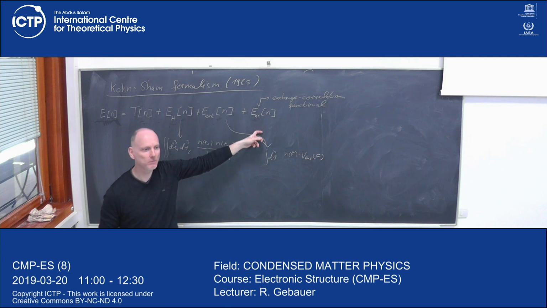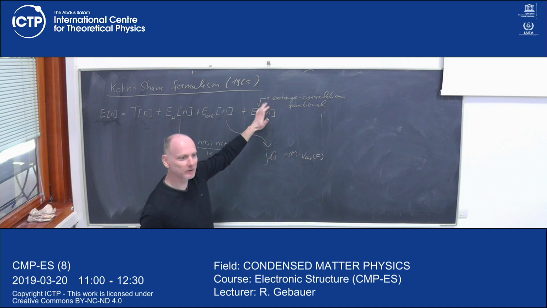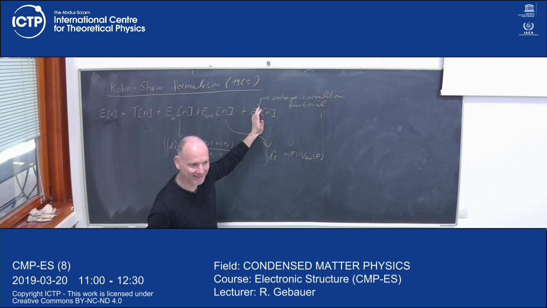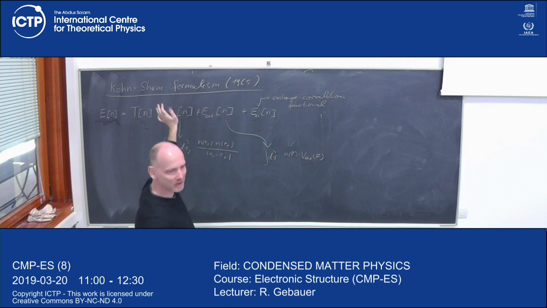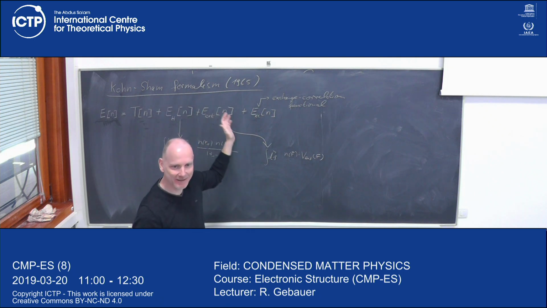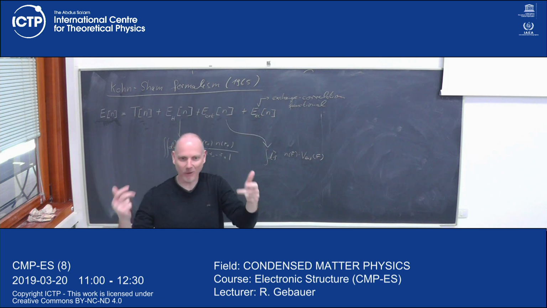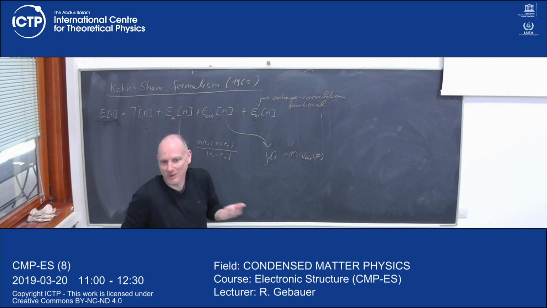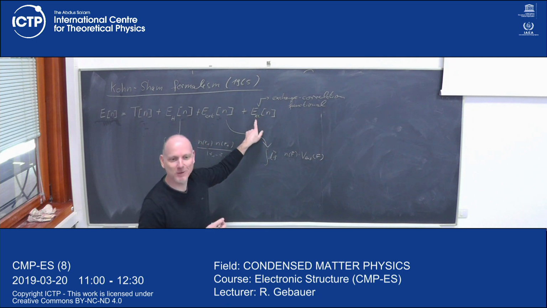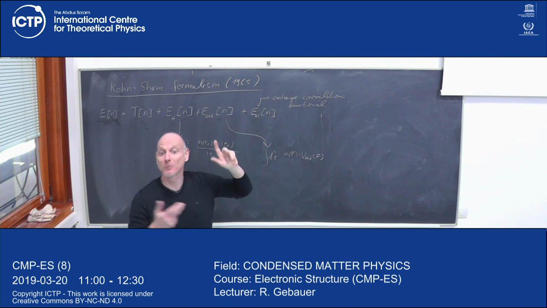He said this should be called stupidity energy, because we humans, we are too stupid to write down what it is exactly. Okay? So everything which is missing, which we cannot identify clearly as a kinetic energy, as a Coulomb interaction, we are too stupid to write it down. So this should not be called exchange correlation, but should be called the stupidity energy.